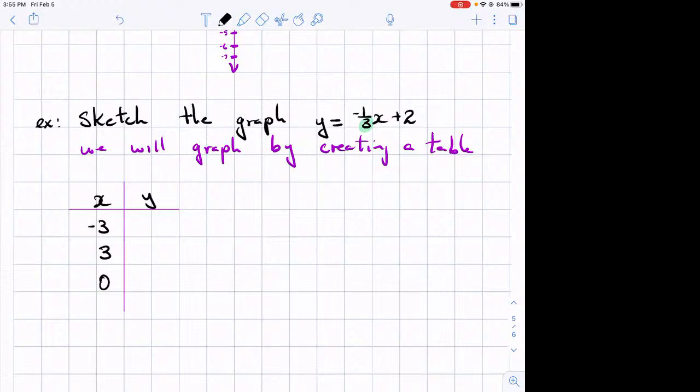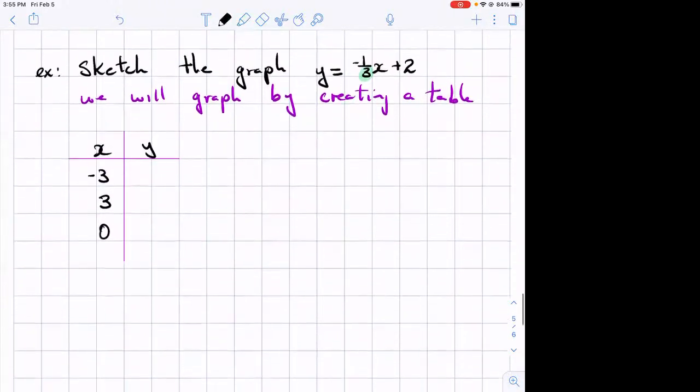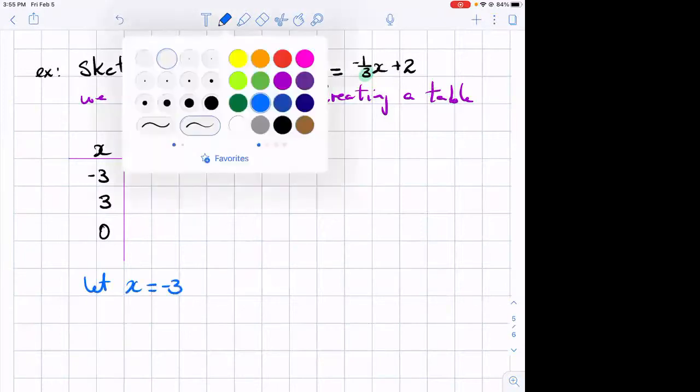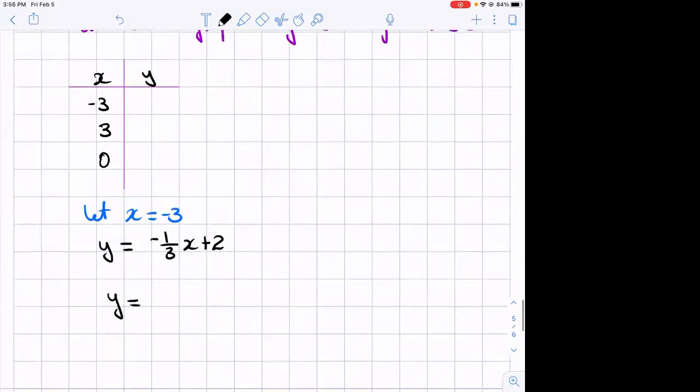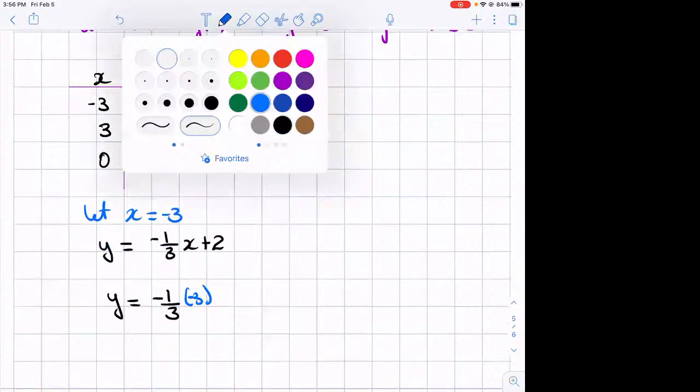Now the reason we do that is because when you plug in those values, when we say let x equal -3, and we have the equation y equals minus 1/3 x plus 2, you will notice that when you replace x with a multiple of 3, you would not have a fraction.